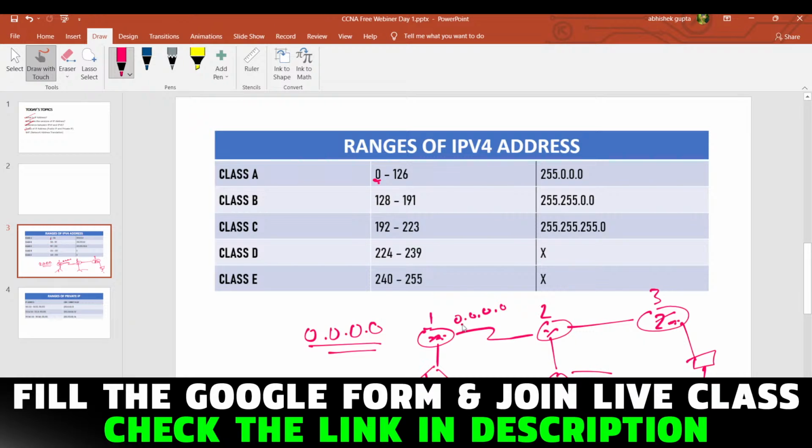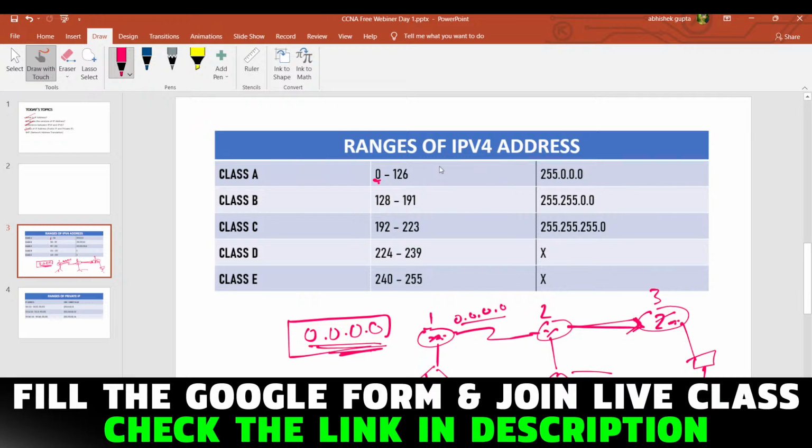This IP address is used as a default route. It means whatever this router wants to reach, it is going to forward the request to router 2: hey, I want to reach router number 3, can you help me with this? Once this router receives the request, it is going to forward it to the destination, because this router already knows where router number 3 is. So this particular address we basically use as a default route, right? So this address is usable in a network. That is the reason we are mentioning 0 here.